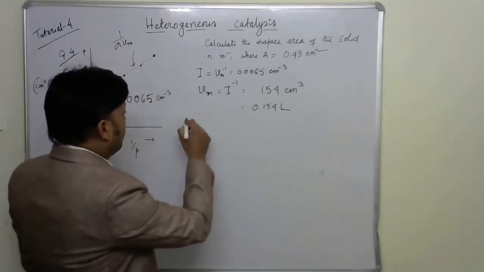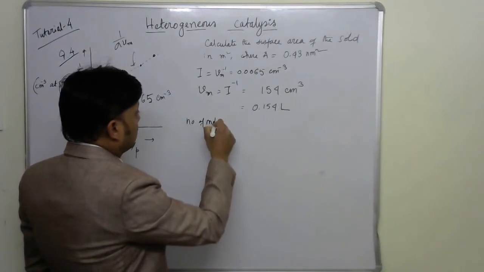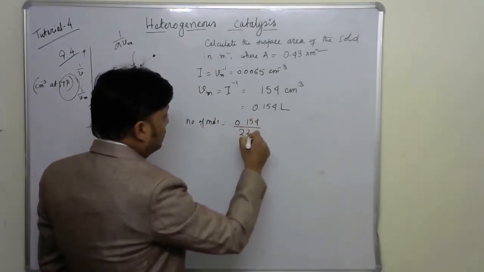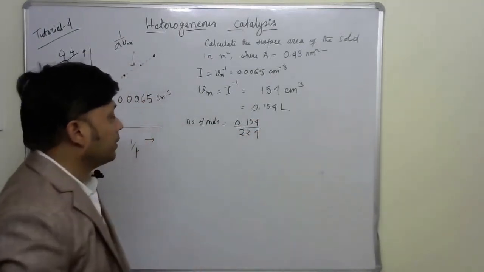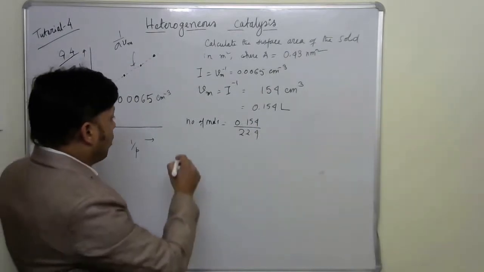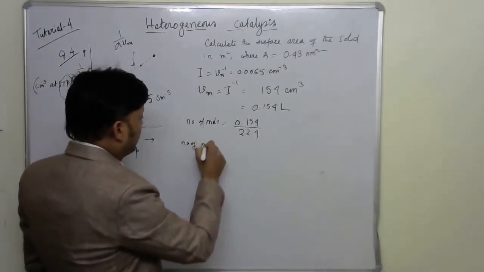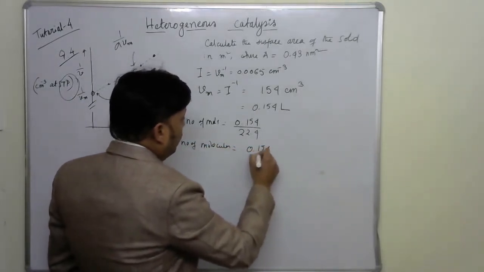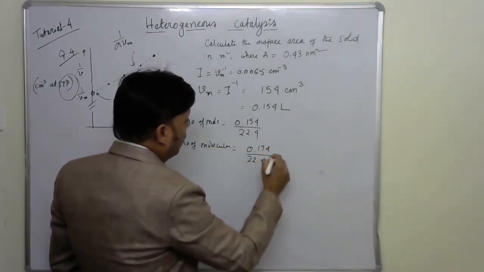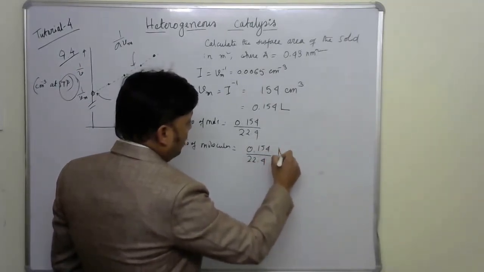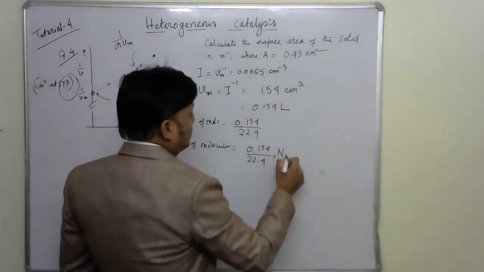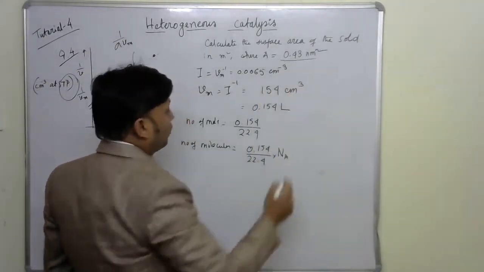So therefore number of moles would be equal to 0.154 divided by 22.4. Okay, and so the number of molecules should be equal to 0.154 divided by 22.4 multiplied by the Avogadro's number, and each molecule has a cross section that is 0.43 nanometer square.